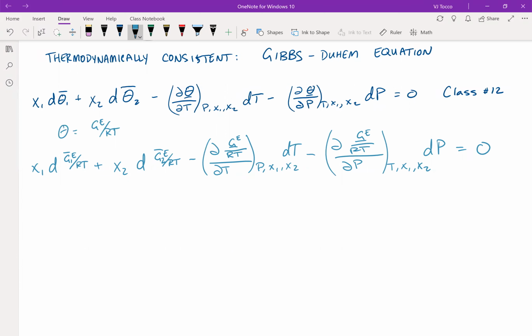And either way will get you to the same final answer, but evaluating the PXY case where temperature is constant is much, much simpler. That is because when you evaluate the PXY case, this third term, this partial derivative with respect to T, cancels, because dT is equal to 0 for the PXY case.